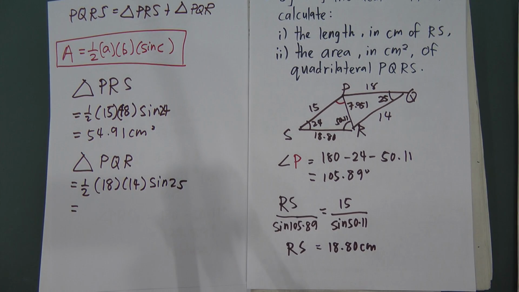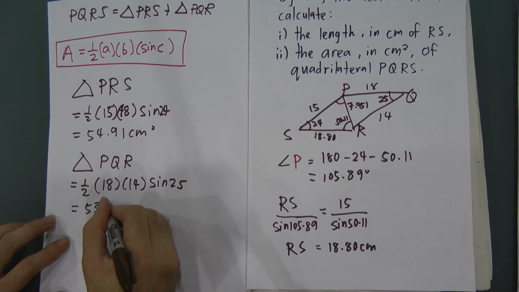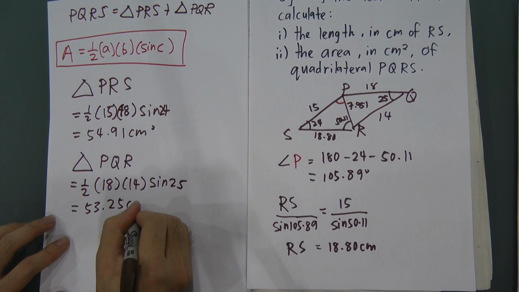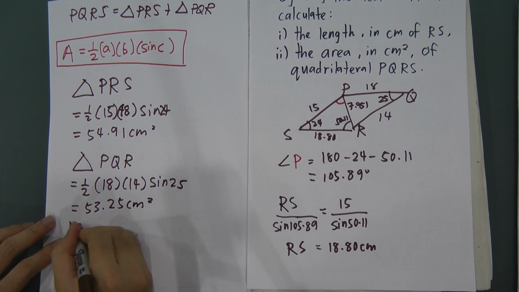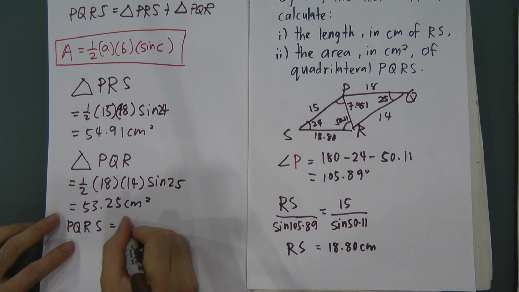Then you can get 18 multiply 14 multiply sine 25, answer divided by 2. You will get 53.25 cm square.